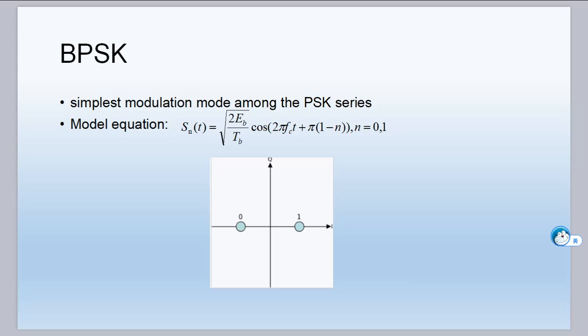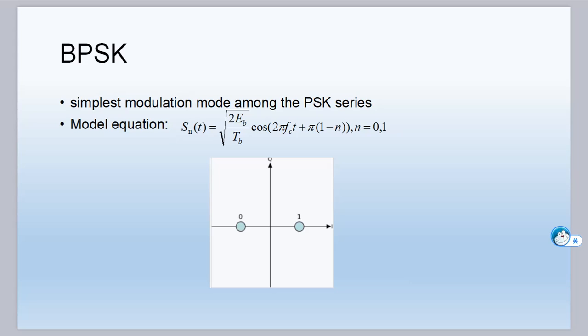These are inverse. So we can say from our coordinate map that these two signals can be presented in this way. If we use QPSK, the coordinate map will become a circle which has 4 different points distributed on the circle, because there are 2 bits, so 2 to the power 2 is 4 conditions.